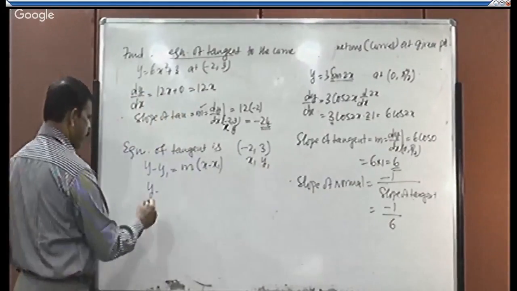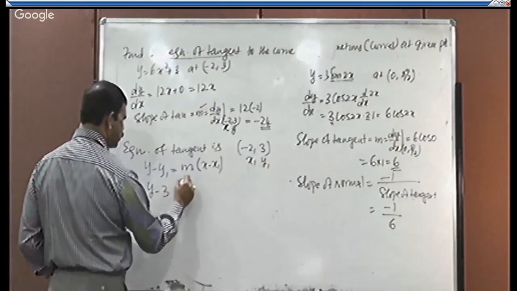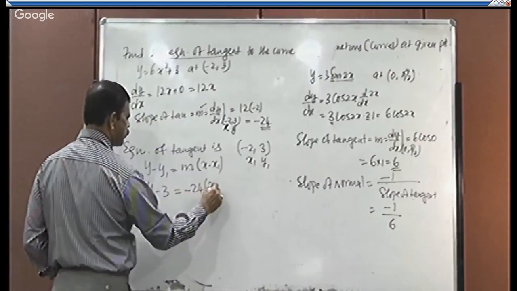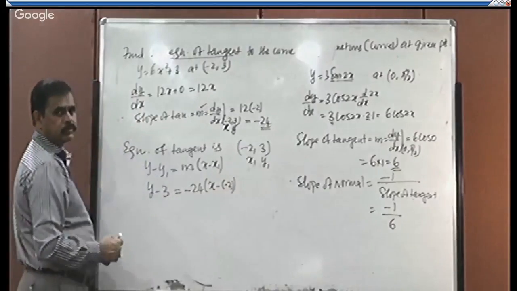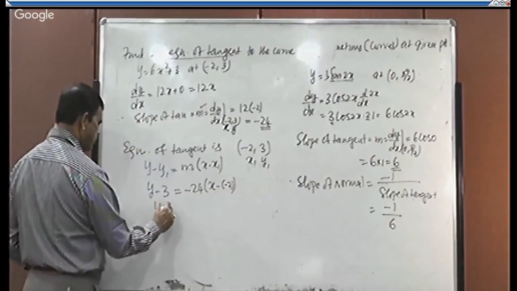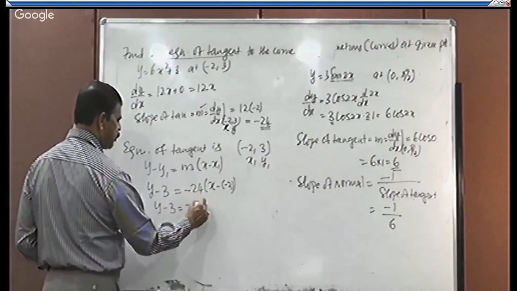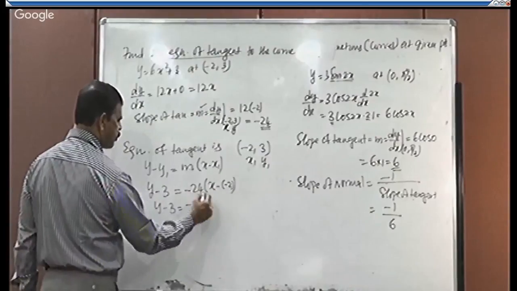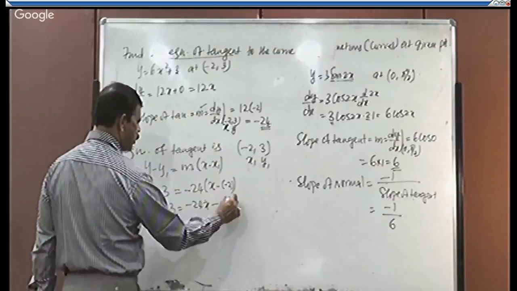Okay. y minus y1, what is y1? It is 3, is equal to m, what is m? Minus 24 into x minus x1, x1 is minus 2. So y minus 3 is equal to minus 24 into x plus 2. Minus into minus is plus, plus into minus is minus. 24 into 2 is 48.